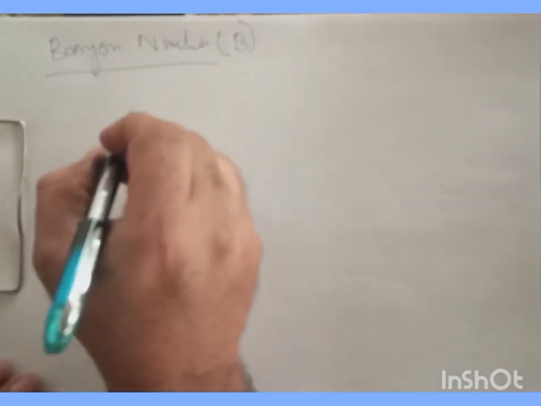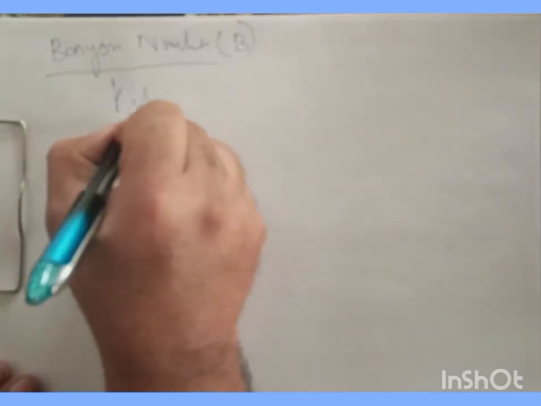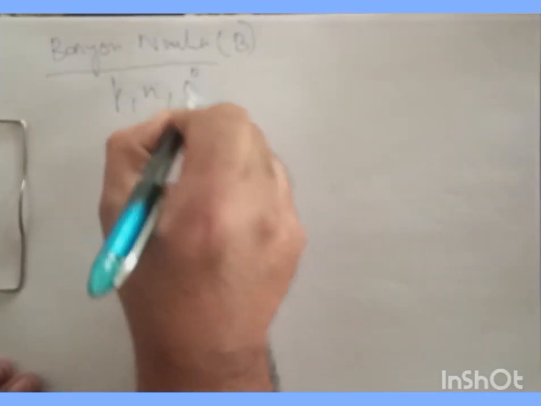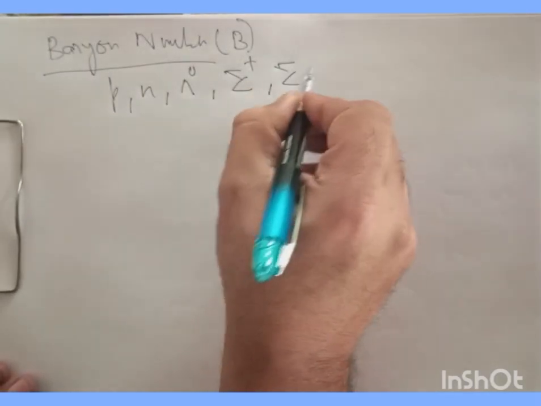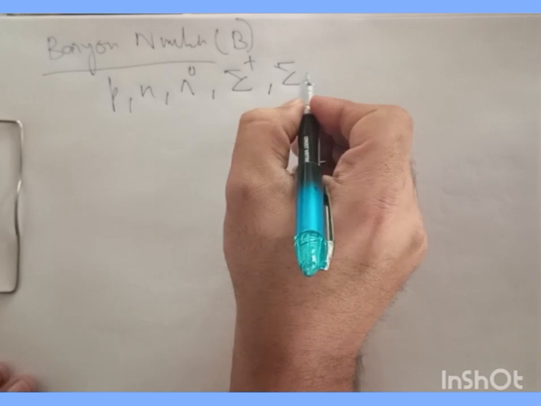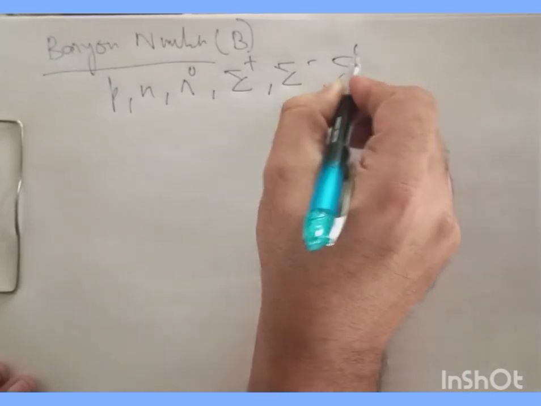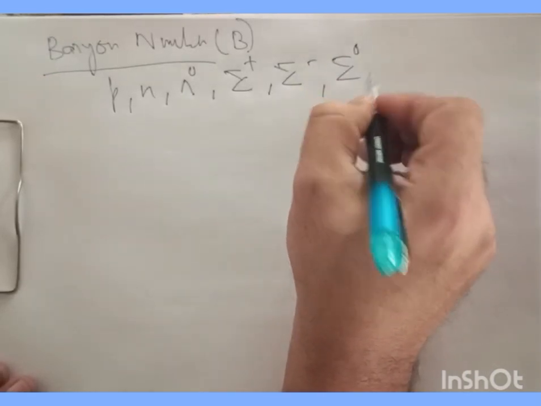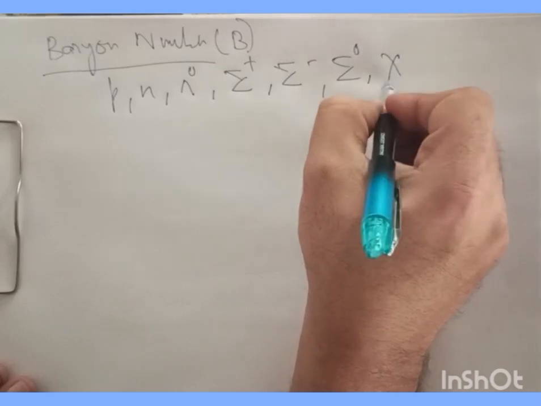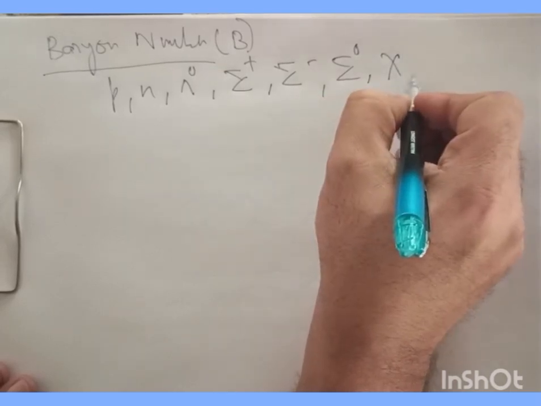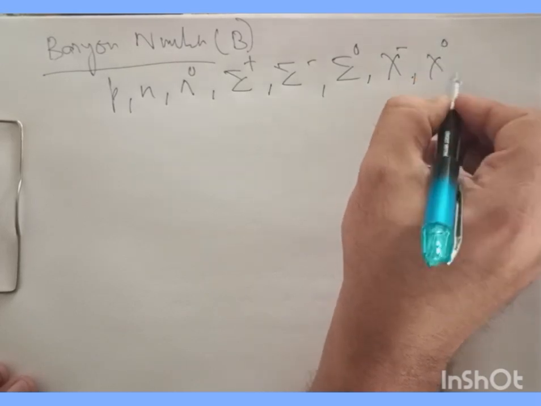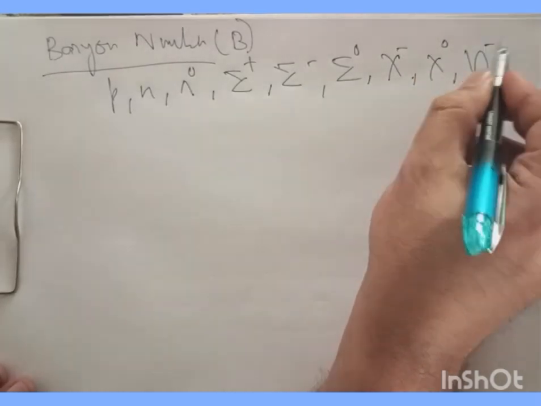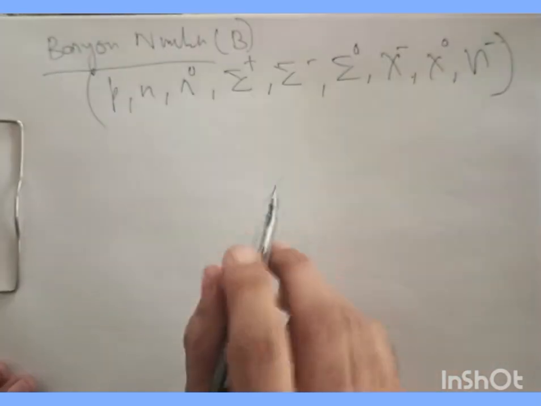All the baryons: we have proton, neutron, lambda naught, sigma plus, sigma minus, sigma 0, and we have chi minus, chi 0, and we have omega minus. They are all baryons.